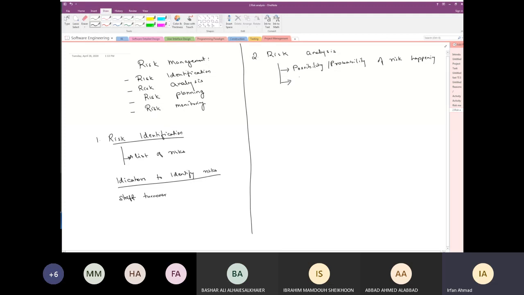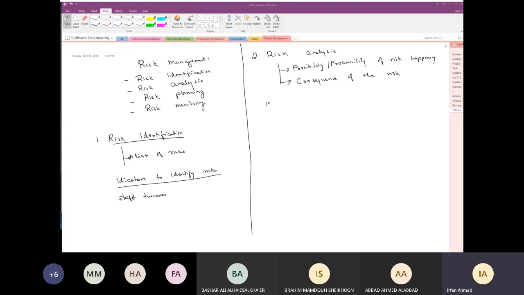And then there's another important thing, which is the consequence of the risk. Okay, so these are the two important things you have to do for risk analysis. You want to see the possibility of that risk happening, and if that risk happens, right, what are the consequences? What are the results of that? Is this making sense? So possibility of risk and consequence.